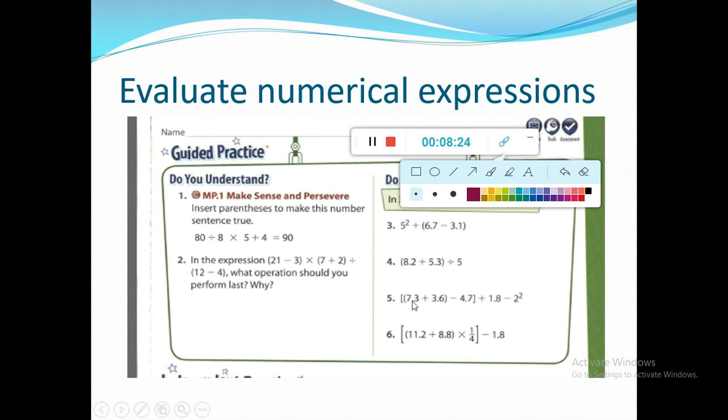Now here we have 6.2 plus 1.8 minus 2 power 2. 2 power 2 equals 4. Now we have 6.2 plus 1.8 minus 4, which is 4, because 6.2 plus 1.8 equals 8, minus 4 equals 4.